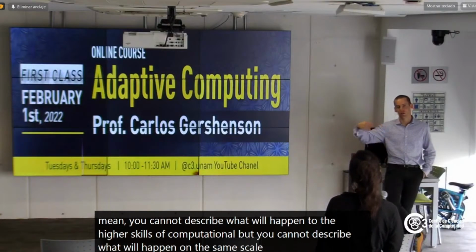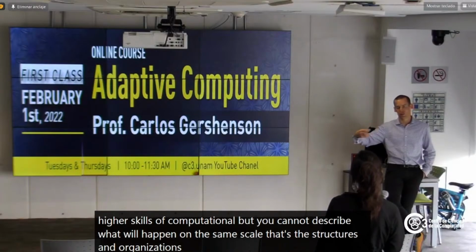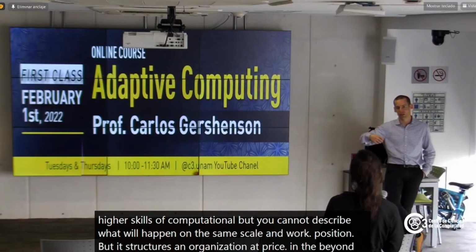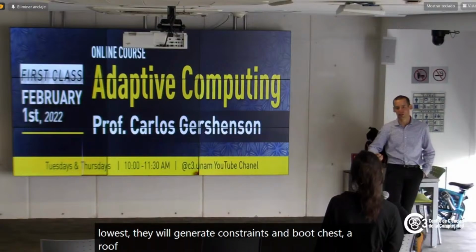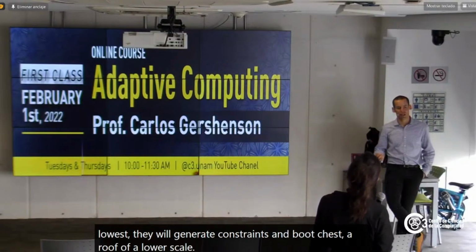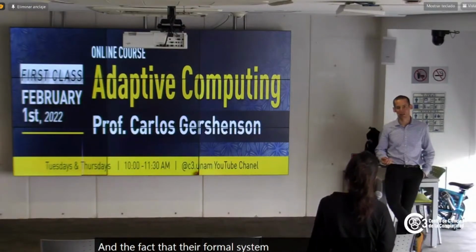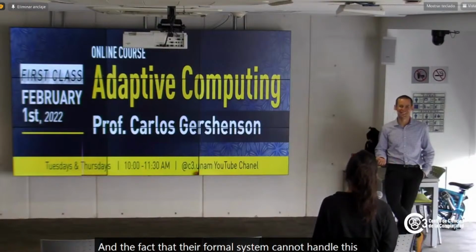The structures and organizations that arise in the individual interactions at the lower scale will generate constraints and will change the rules of the lower scale. And the fact that our formal systems cannot handle this doesn't mean that it doesn't exist.